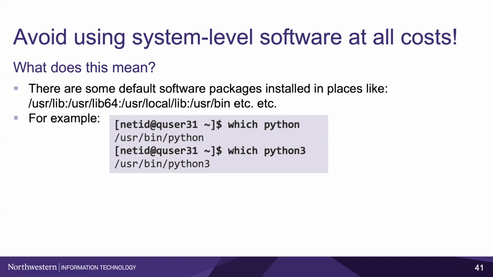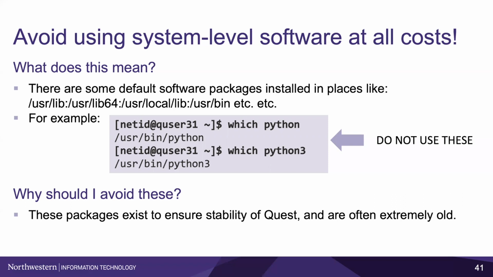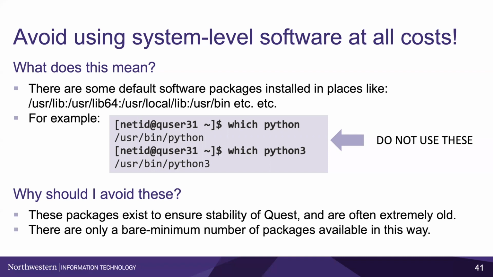It will tell you that it's pointing to /usr/bin/python. And the same thing happens with python3. What I'm saying in this slide is that you should avoid using these specific software packages at all costs. Why should you avoid these? It's because these packages exist only to ensure the stability of Quest and are often extremely outdated. And also, there are only a bare minimum number of packages available in this way.